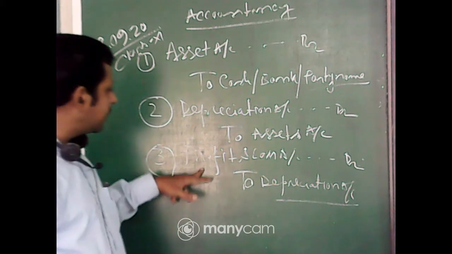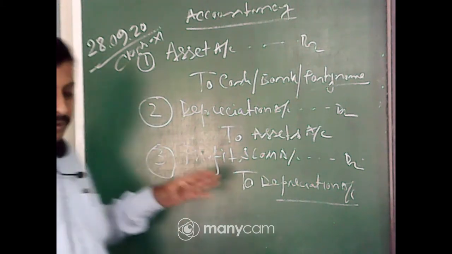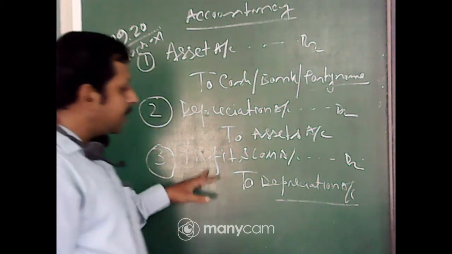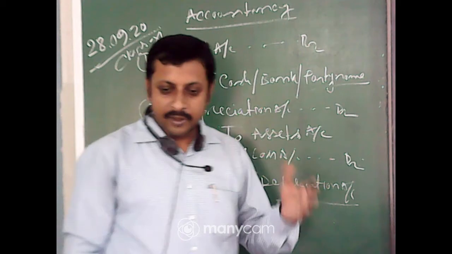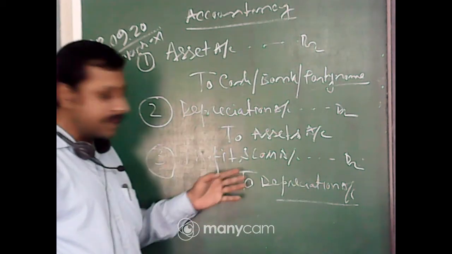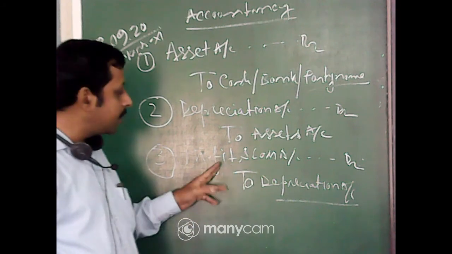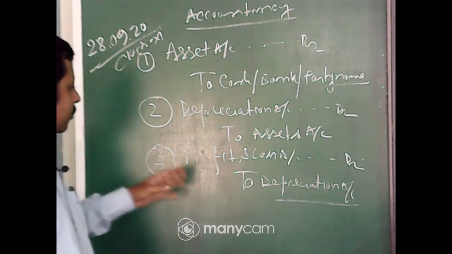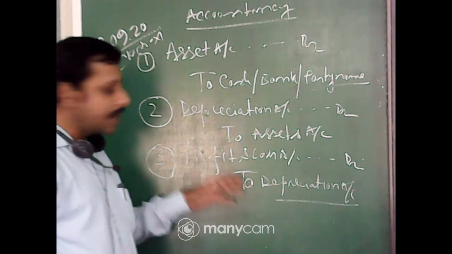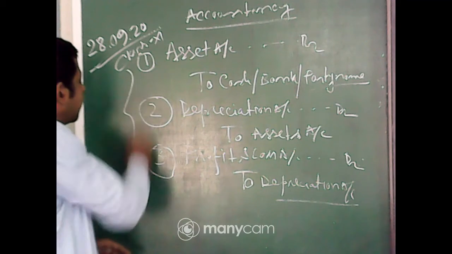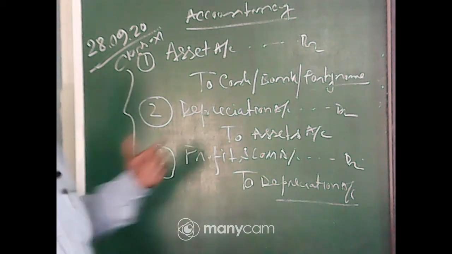As of now, just know you have to transfer this depreciation to the profit and loss account, and whenever you transfer something to some account, that account is debited and the account you are transferring is credited. Here we are transferring the depreciation to the profit and loss account, so the profit and loss account is debited and your depreciation account is credited. So that's the 3 entries in case of depreciation.